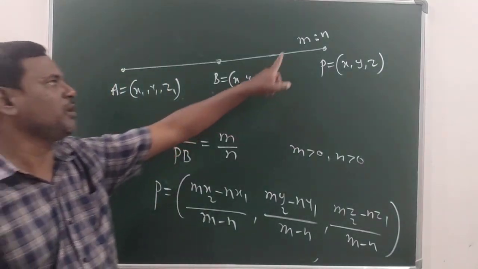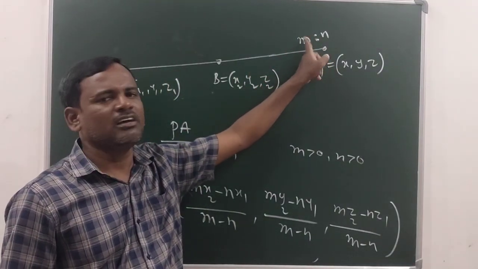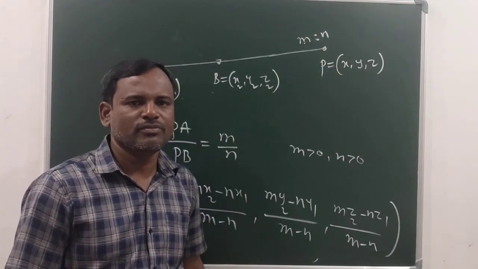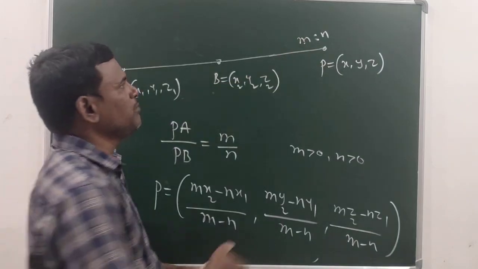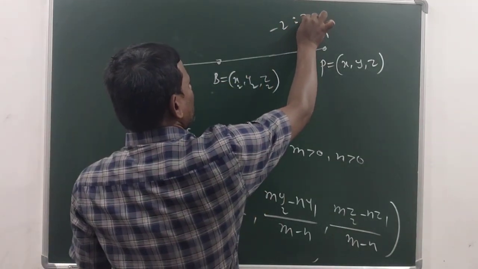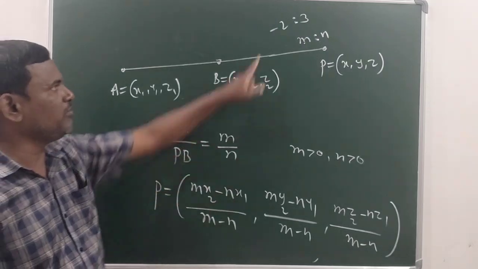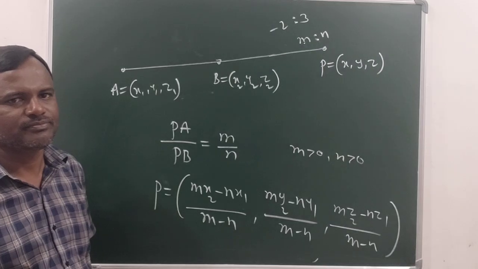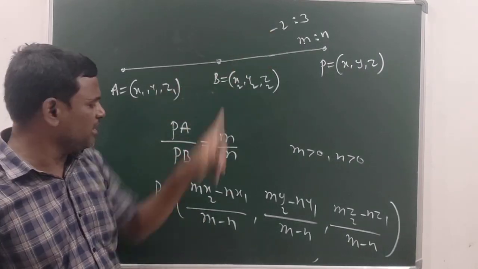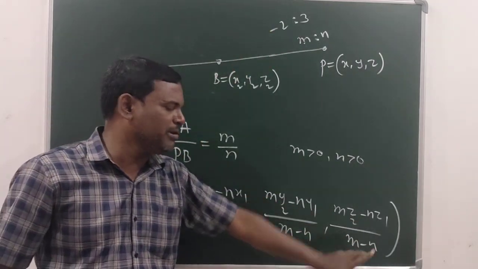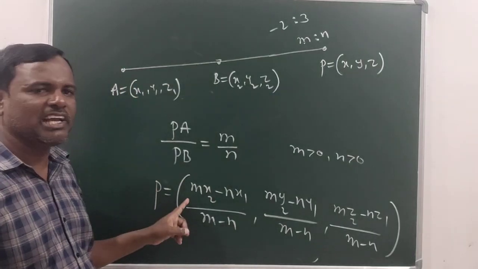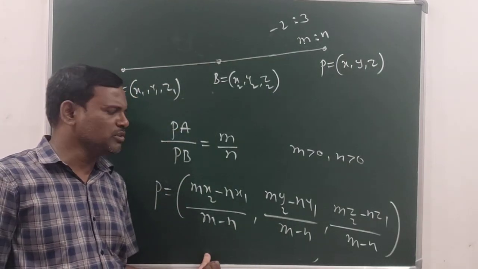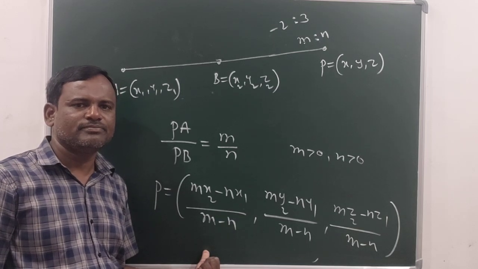But for the sake of representation, here we write the ratio with a negative sign. But ratio should always be positive, you know that. Sometimes you write it like -2:3, but while substituting the m value and n value here, you have to take m value 2, n value 3. Don't take m value -3. Already we have kept the minus symbol in the middle, so while doing the applications, take m as 2, n as 3.